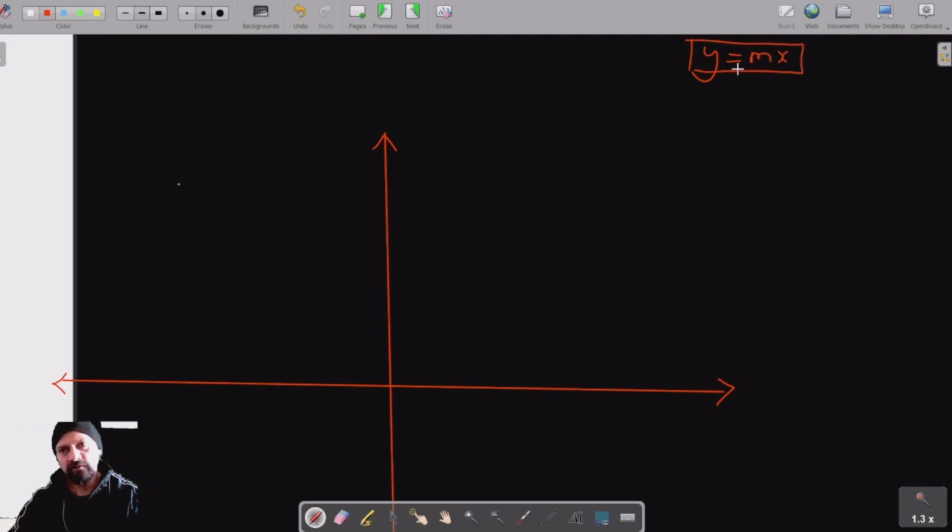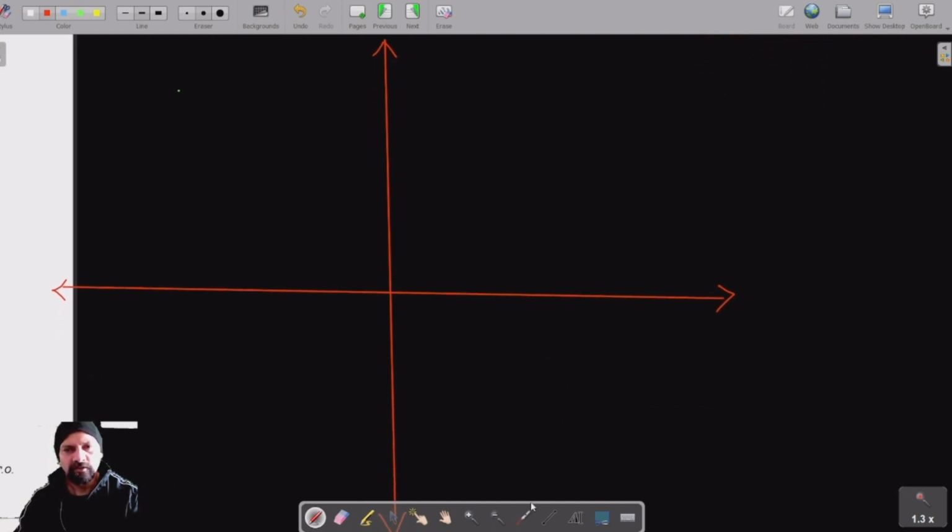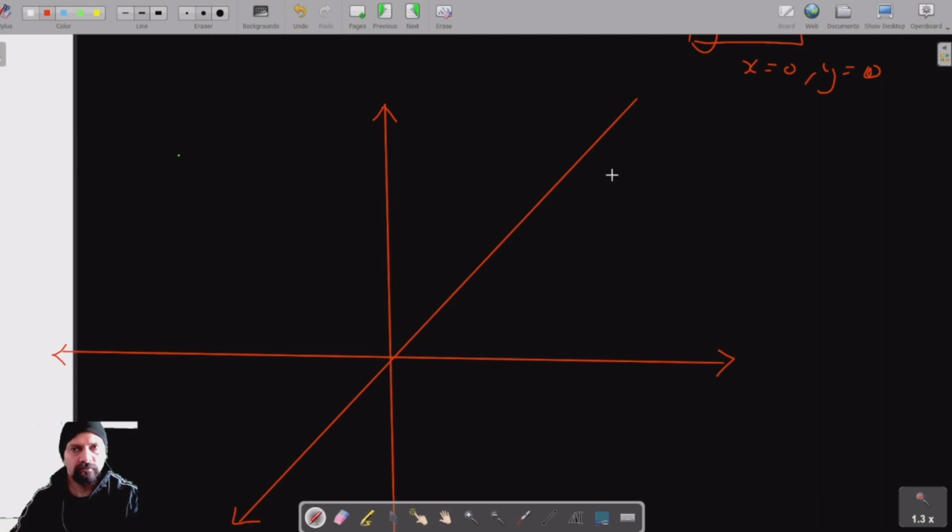This equation passes through the origin, because if x is equal to 0, this will give us y is equal to 0. So this line passes through the origin, and this is y is equal to mx.